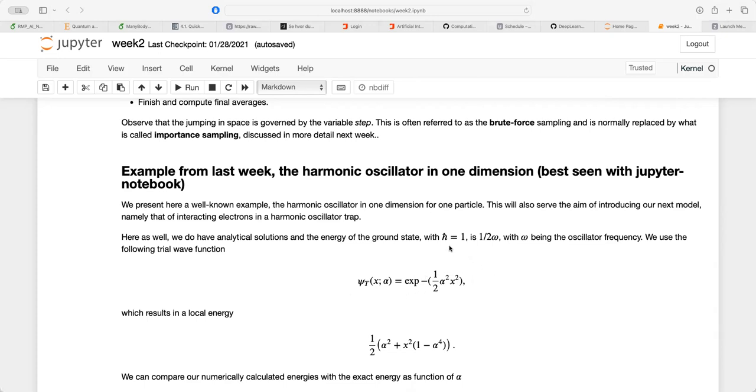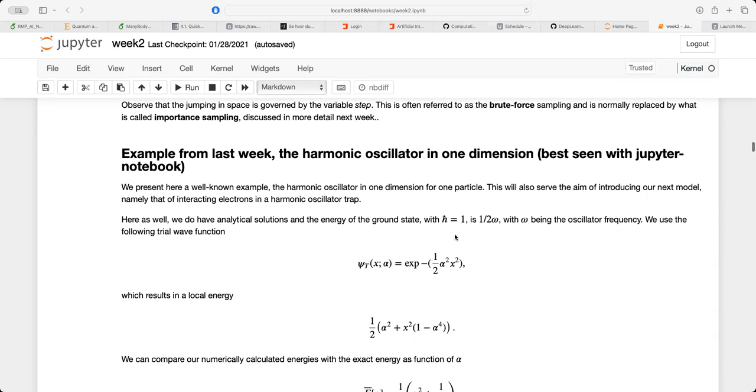And here we put what's normally called atomic units, sometimes natural units. So we are scaling away the physical constants. It's always boring to bring them back because it's easy to make errors when we want the right dimensionalities and units. And then we put omega, the oscillator frequency, to 1, and this is the trial wave function where alpha is a parameter.